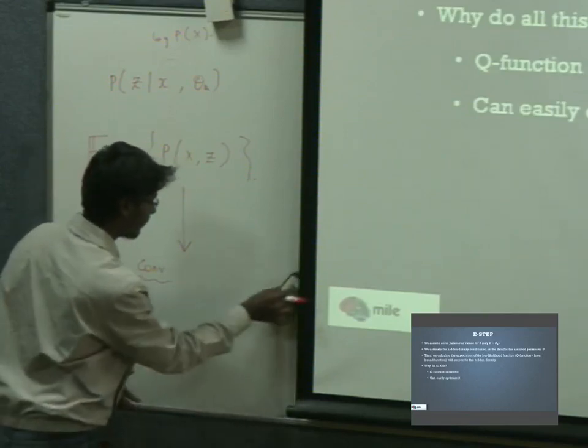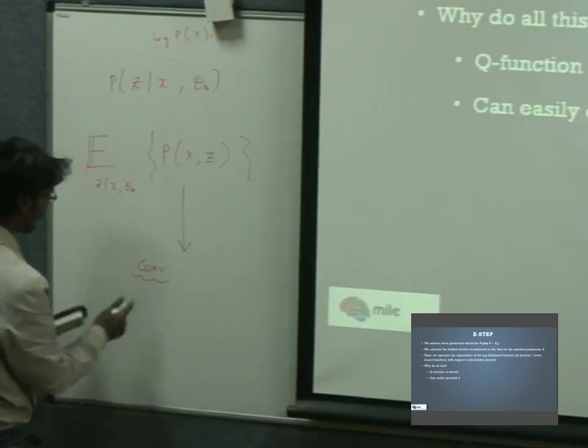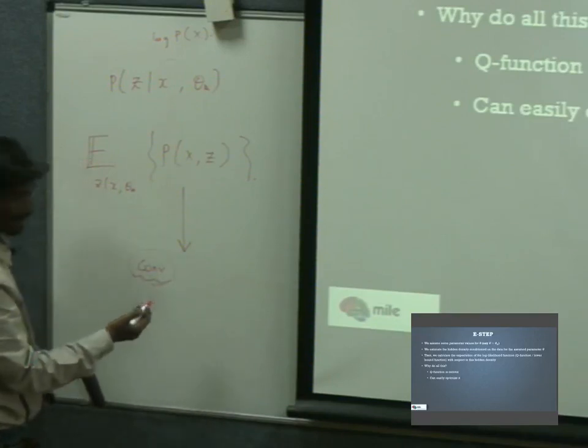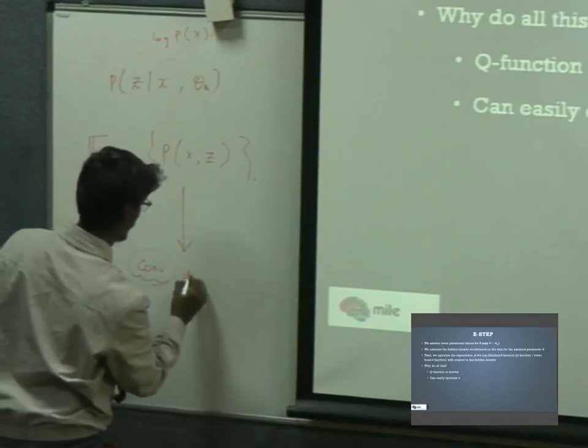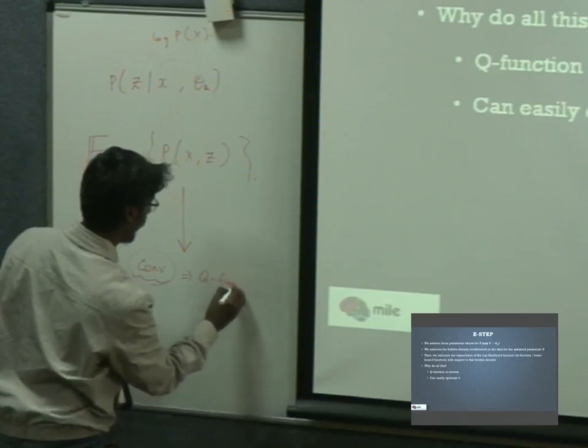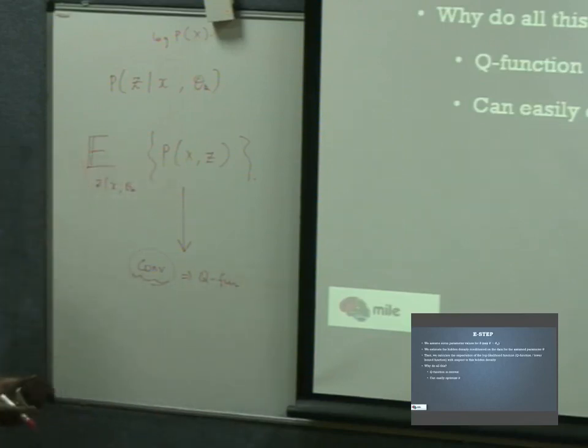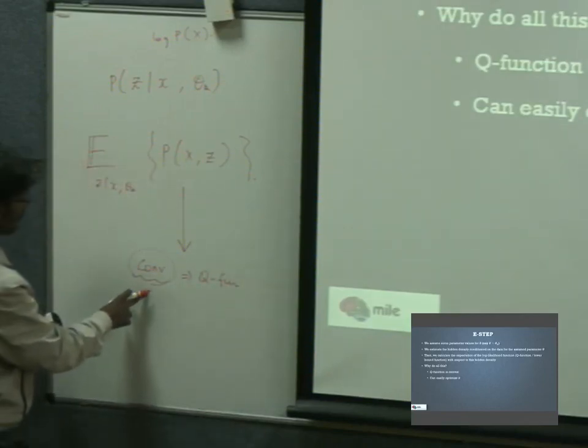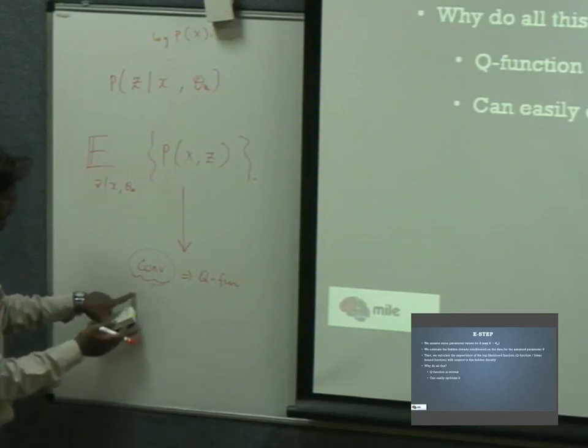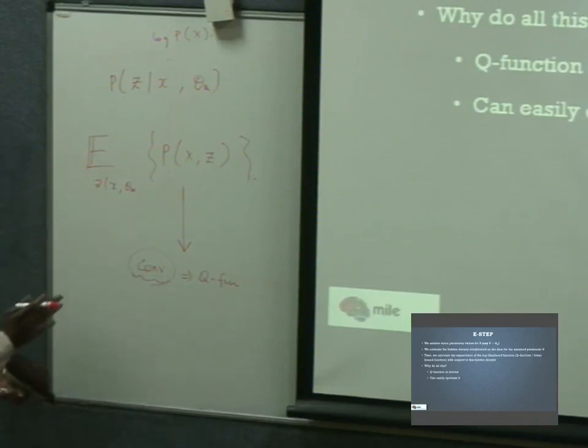So we deal only with the convex function, the convex portion of this function, which is called Q, or the ELBO function, the lower bound function. If we take this one, then we can choose theta in such a way that it increases the likelihood.